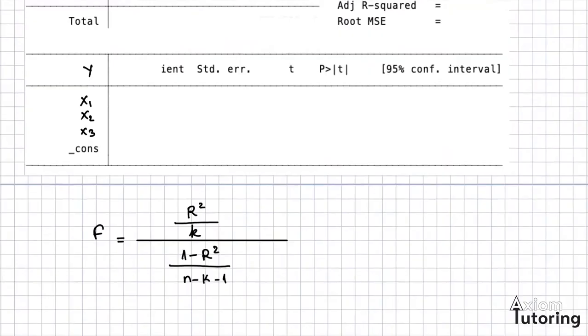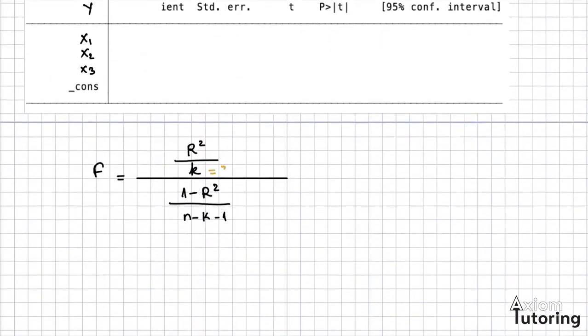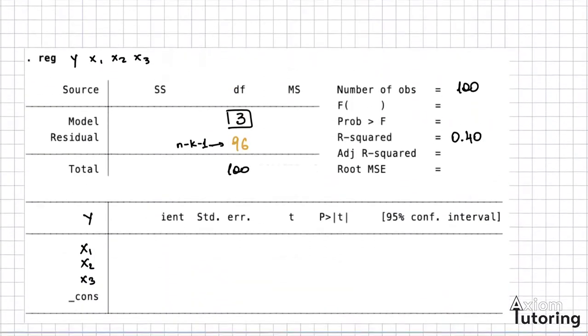Okay, so the n minus k minus 1, as usual, would have been in here. And we know that the total, given the number of observations here, is 100, which would have given us here 96 as usual.